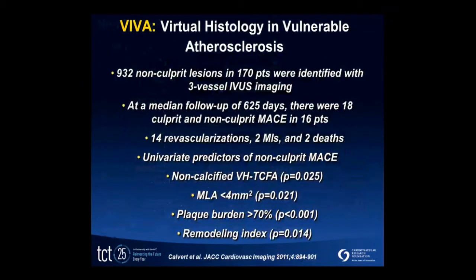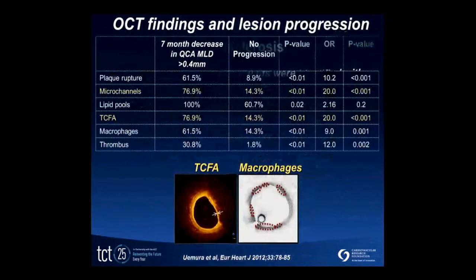And this was, as I said, supported by the VIVA study. So if you're doing a study today looking at vulnerable plaques, you have to look at plaque composition. And the best technique that we have currently available is probably virtual histology. It may not be the best technique in the future, but it is a technique where we have the most data today because of both the Prospect study and the VIVA study.